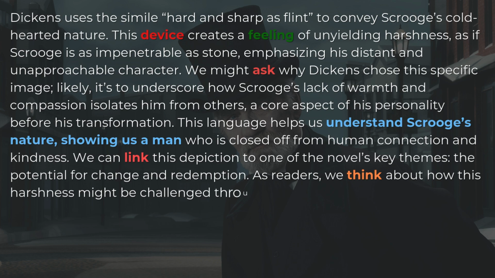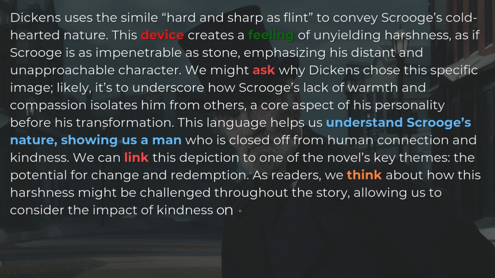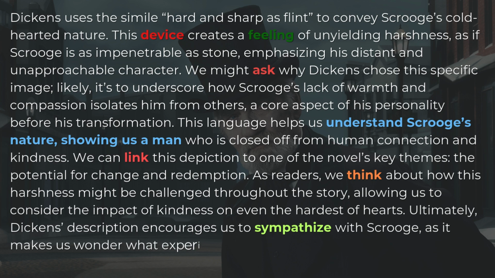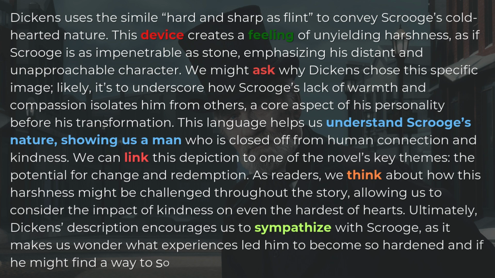As readers, we think about how this harshness might be challenged throughout the story, allowing us to consider the impact of kindness on even the hardest of hearts. Ultimately, Dickens's description encourages us to sympathize with Scrooge, as it makes us wonder what experiences led him to become so hardened, and if he might find a way to soften.